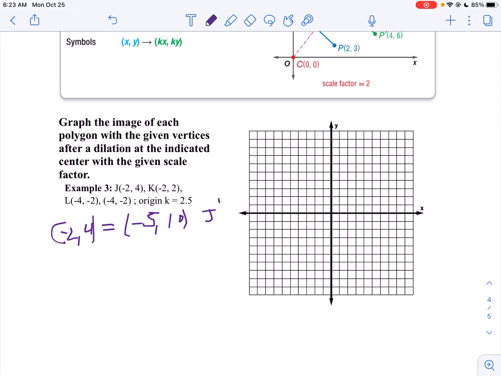Then I'll do the same thing for K primed. I'm going to take -2, 2, and that will be -5 and 5. And that will be K primed. Then I'll do L, which is at -4 and -2.